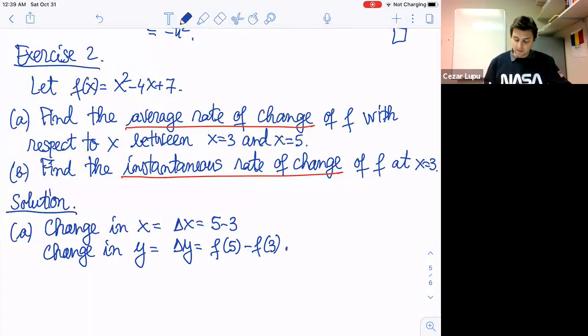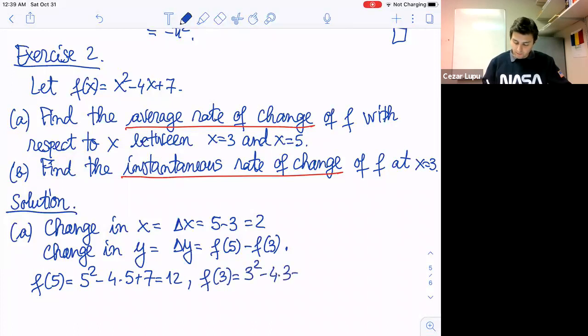Let's evaluate this. So this will be 2 here, and now f of 5 minus f of 3. So f of 5, if we look at our function, would be 5 squared minus 4 times 5 plus 7, which is nothing else than just 12, and f of 3 will be 3 squared minus 4 times 3 plus 7, which will be nothing else than 8.